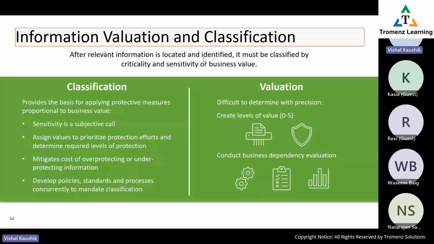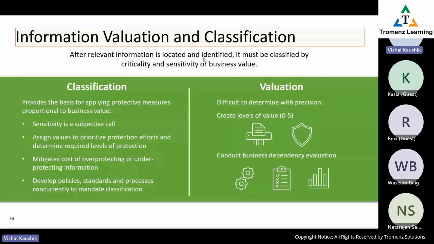These measures are usually in proportion to the business value and primarily driven by the cost effectiveness of the controls that are in place.